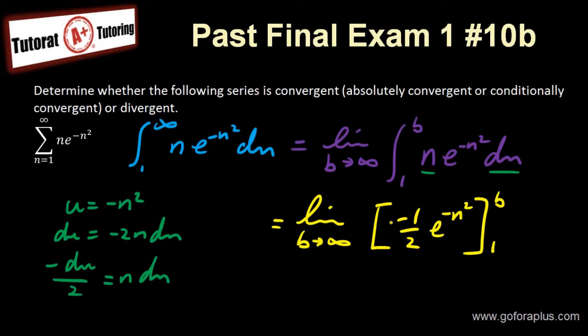For more information about the integrals for the substitution, you can just refer to my other videos. Now here I want to plug in b, but before doing that, I want to rewrite my fraction here because e to the power of minus n squared is basically going to be in the denominator. So let me do that on the next page.